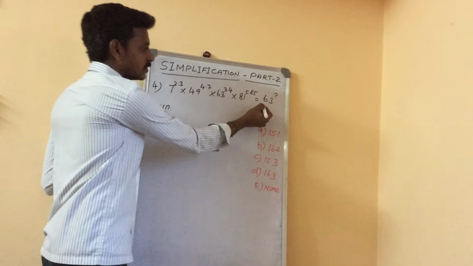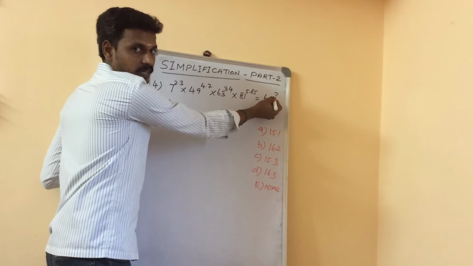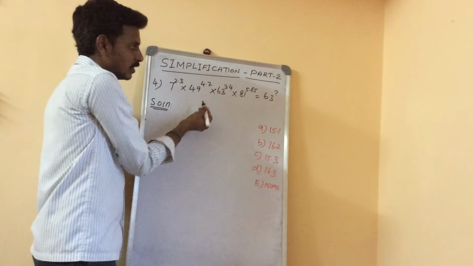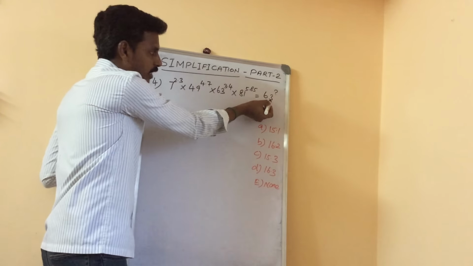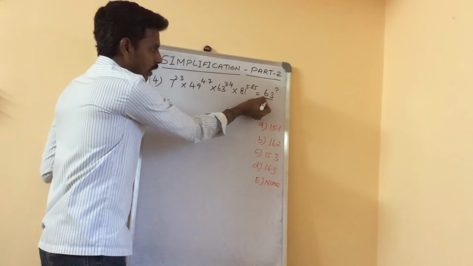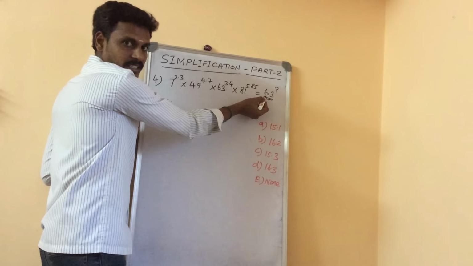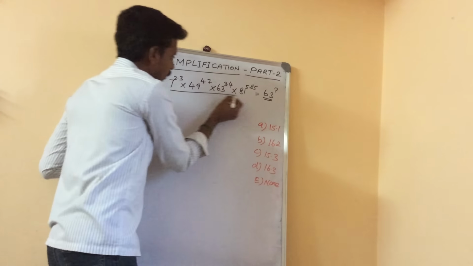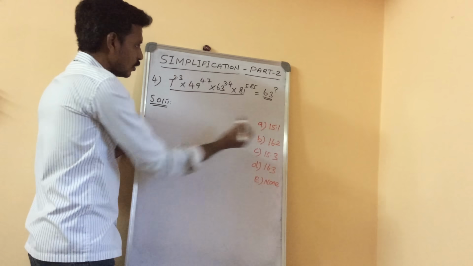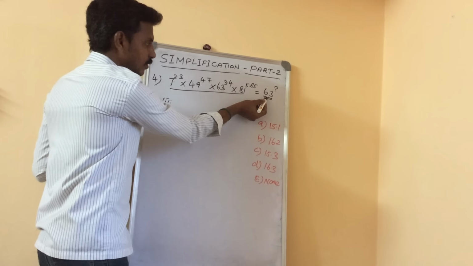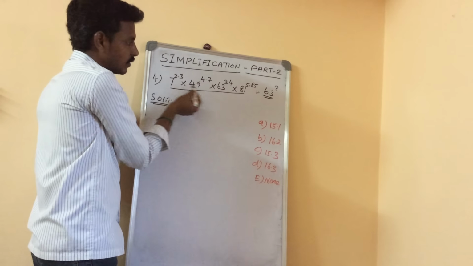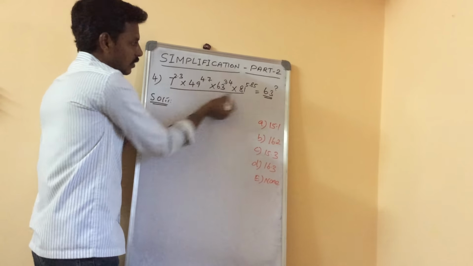So our target is the power of 63, what will be the answer, right? So already I told you in my last example, if they are asking the power value, the base value will be the same on both sides, right? So our conclusion is 63 power, right? So you need to conclude all these values come with power of 63, right? Okay, see here will be the 63. So we can't find the power of 63 in all the values.